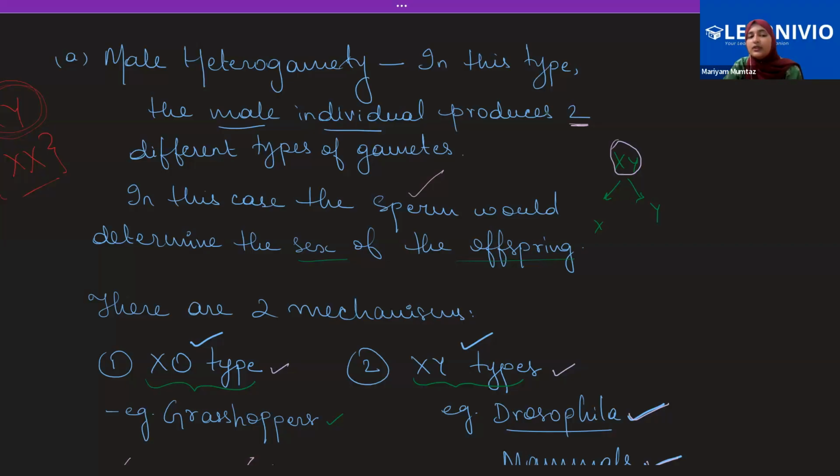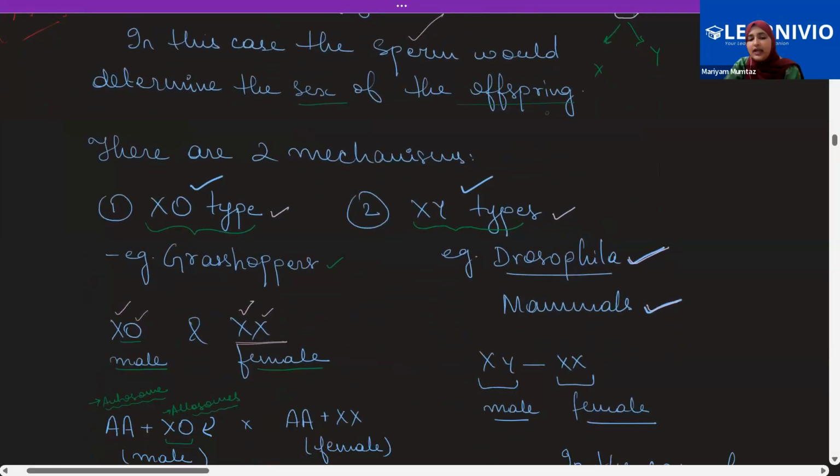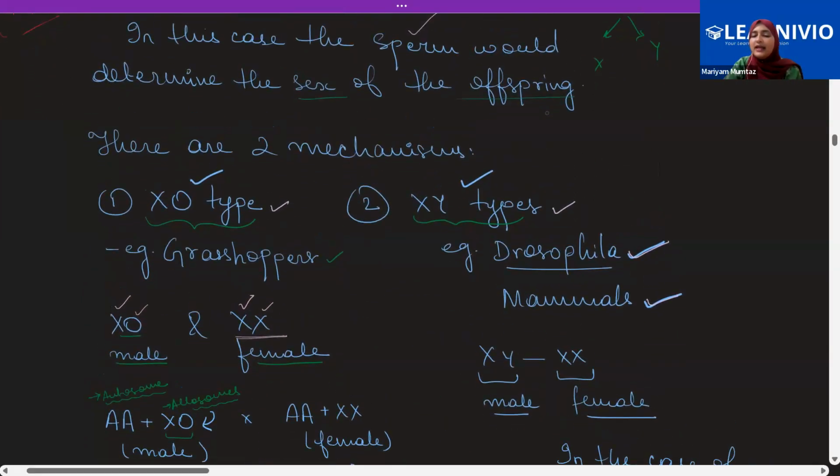When we talk about male heterogamety, it is the sperm, the male gamete, that will be responsible for the sex of the baby or the offspring. Under male heterogamety, there are two mechanisms. First is XO type and then there is XY type.